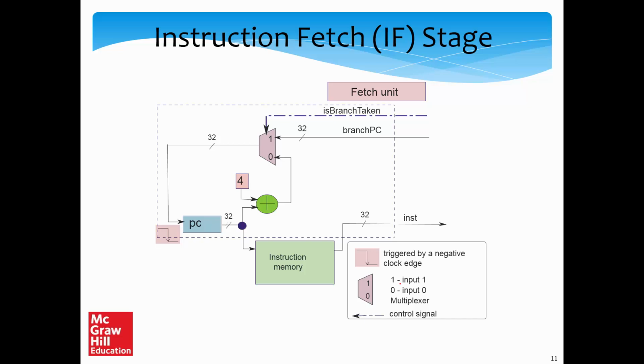So let's come back to this diagram. In this diagram, all of this is there in the data path, right? What is there in the control path?